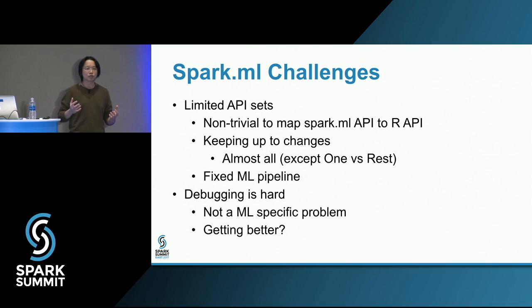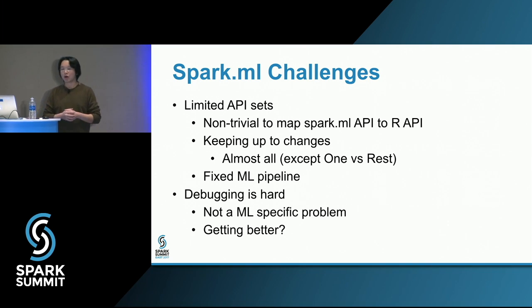Some of the challenges with SparkML: we have a limited API set. It's non-trivial to map the SparkML API into the R API because we're building a simpler abstraction on top of the underlying pipeline model and transformations underneath. And it's challenging to keep up with all the changes in ML itself by having these additional R APIs around them.